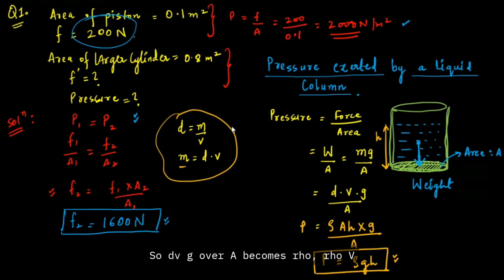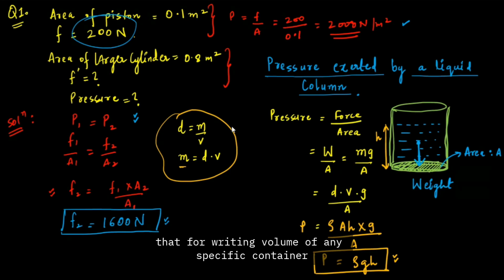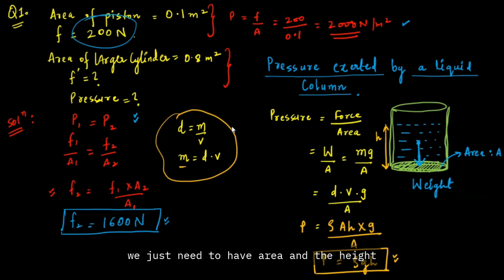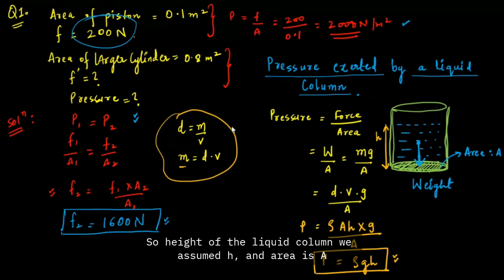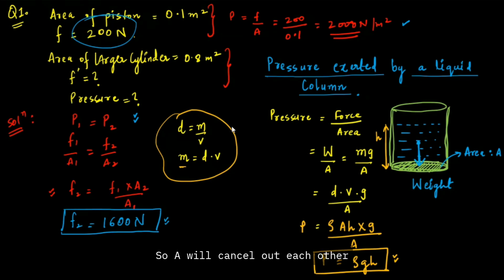So dVg over A becomes rho V g over A. And in place of volume, we can write area into height. For writing the volume of any specific container, we just need the area and the height. The height of the liquid column we assumed h and area is A. So A will cancel out, and the pressure is rho g h. Again, it is very important and we'll be using it a lot.